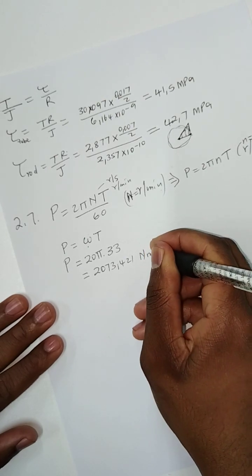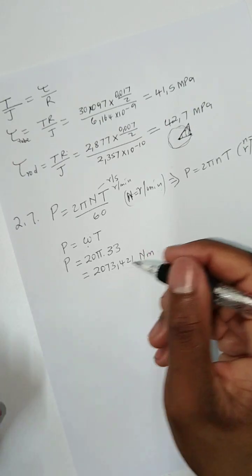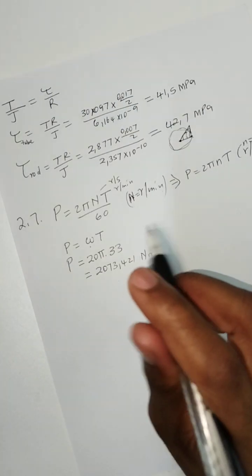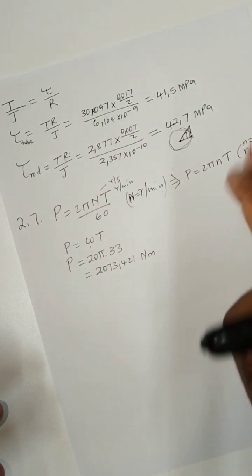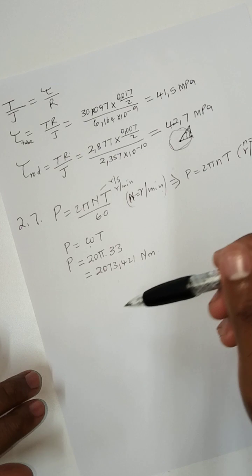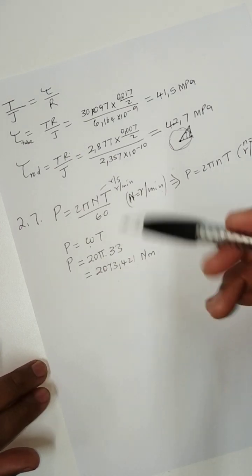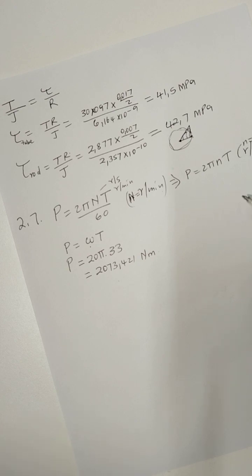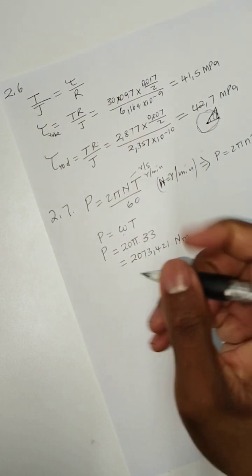So that will be the power that will be transmitted by this shaft, by applying a torque of 33 on it. The power that will be transmitted will be this, provided that the speed is 20 pi rad per second.